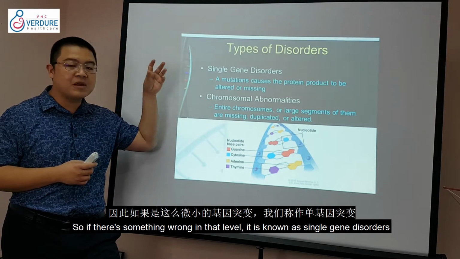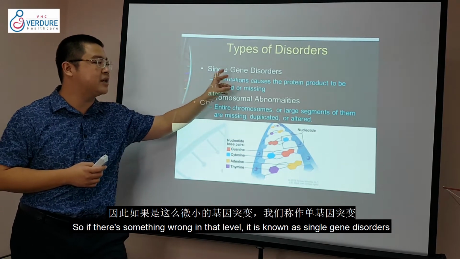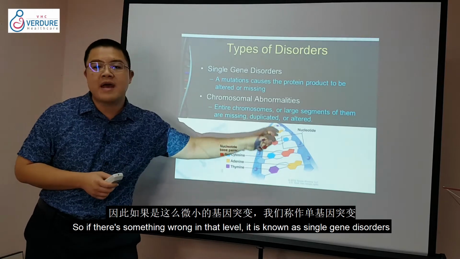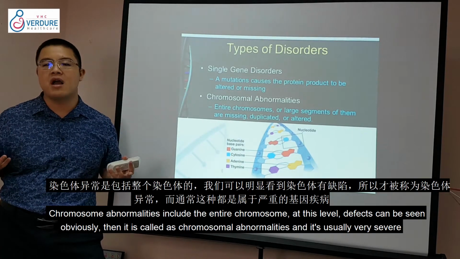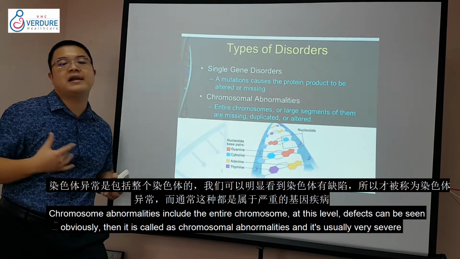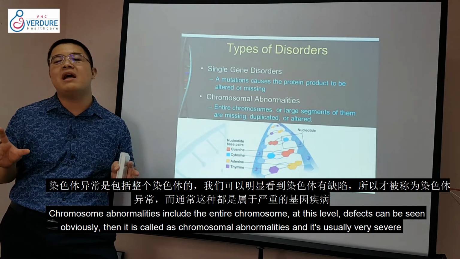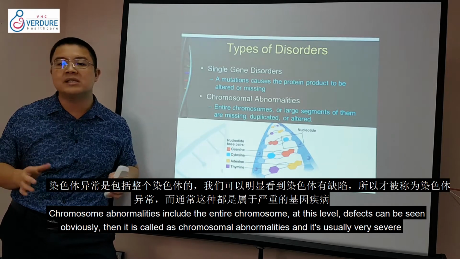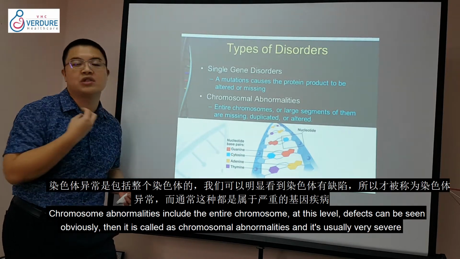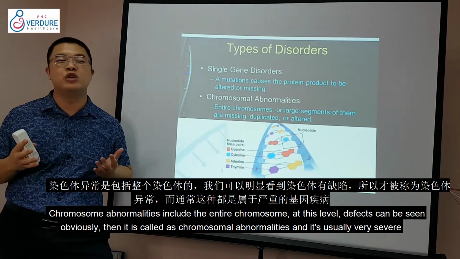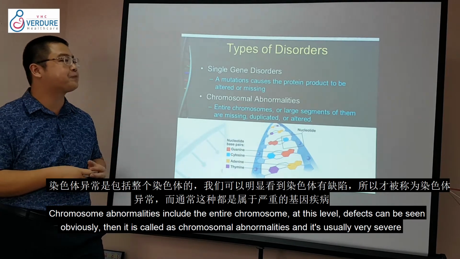If there's something wrong at that level, it's called a single gene disorder. Chromosomal abnormality involves the entire chromosome. So the first slide I showed you just now, if you are able to see it at this particular level, then it is very obvious. It will be called a chromosomal abnormality, and it will usually be very severe.